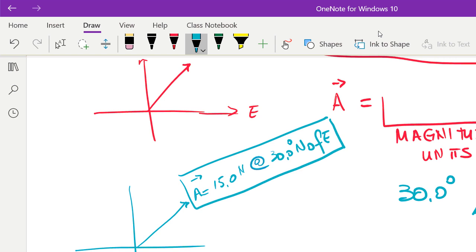The answer to the first one gives us the first letter of the description, which says where is the vector going? So you know that it's going east, sorry, north. It's going north.